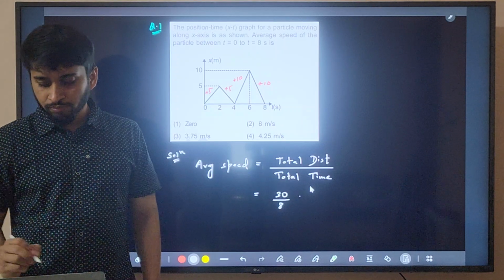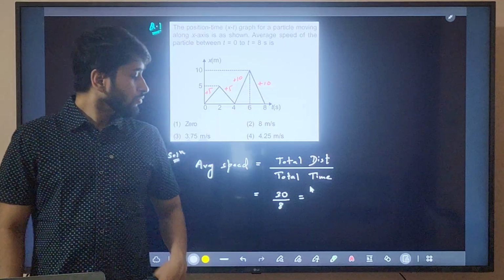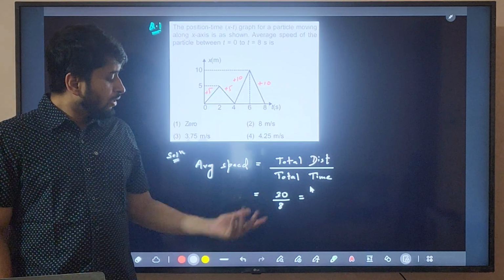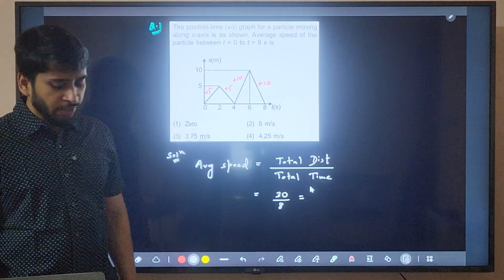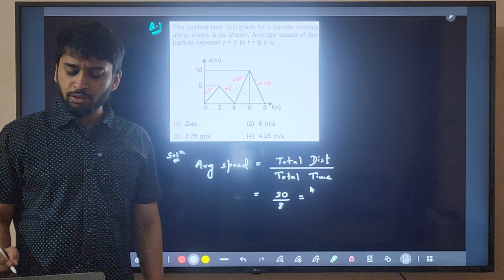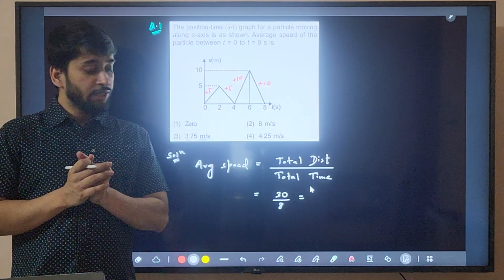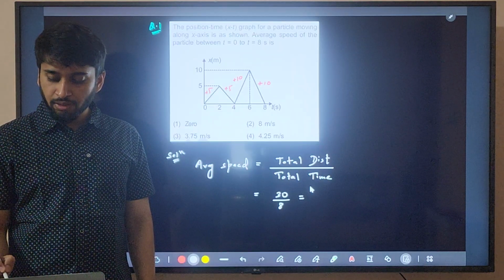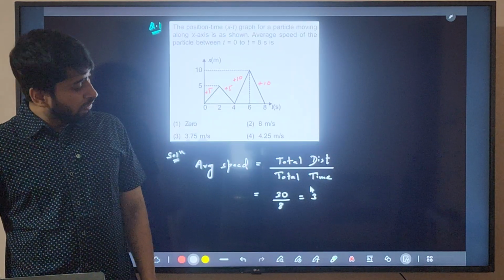Now how do we simplify this one? 30 by 8, so 15 by 4, right? Or I can do it directly also. 8 3s are 24, right?